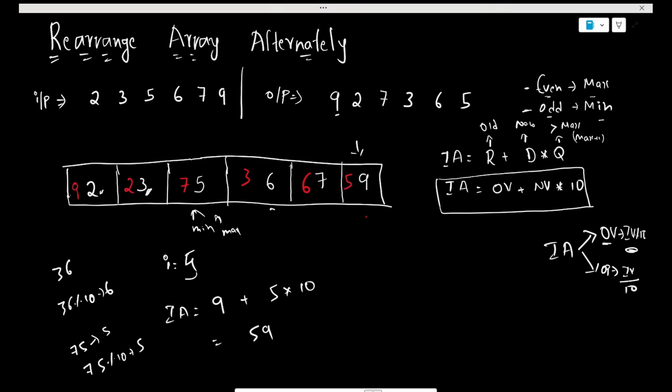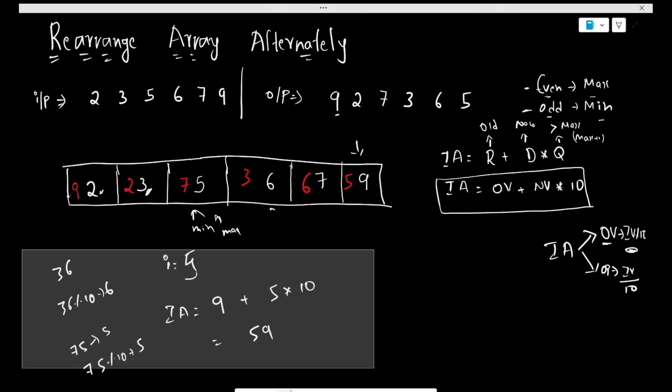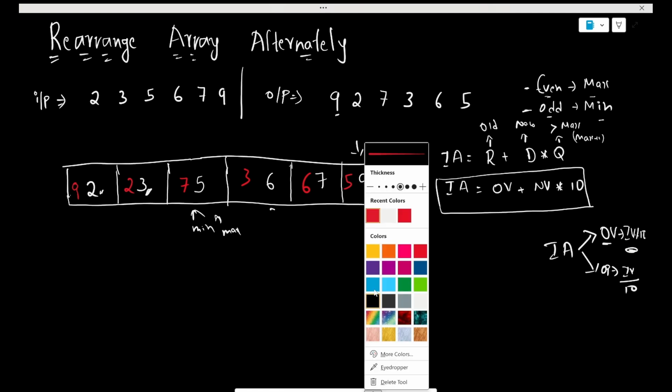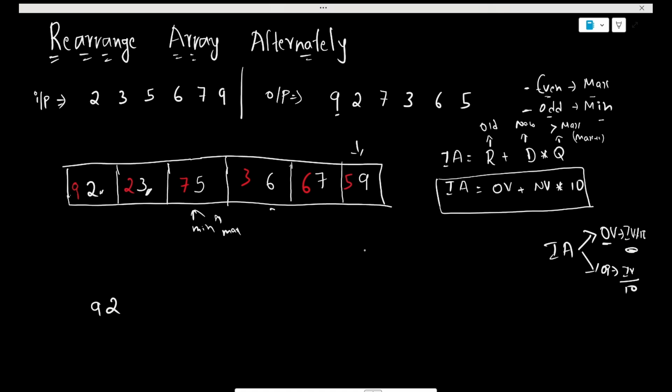I is completed. Everything is completed. I will explain again, so let's complete this first. After this entire loop is completed, what are the values we got here? 92, 23, 75, 36, 67 and 59.